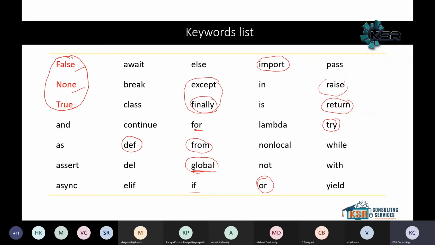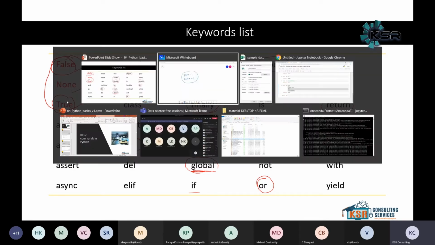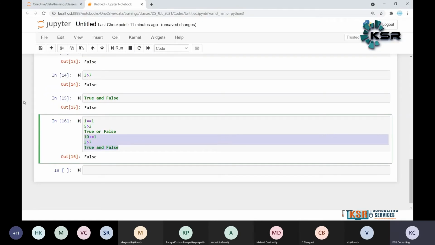So first we discussed True and False. I'm just repeating one more time. True and False are truth values. They are the result of comparison operators or logical operators. Let me write it down here itself so that you can follow.